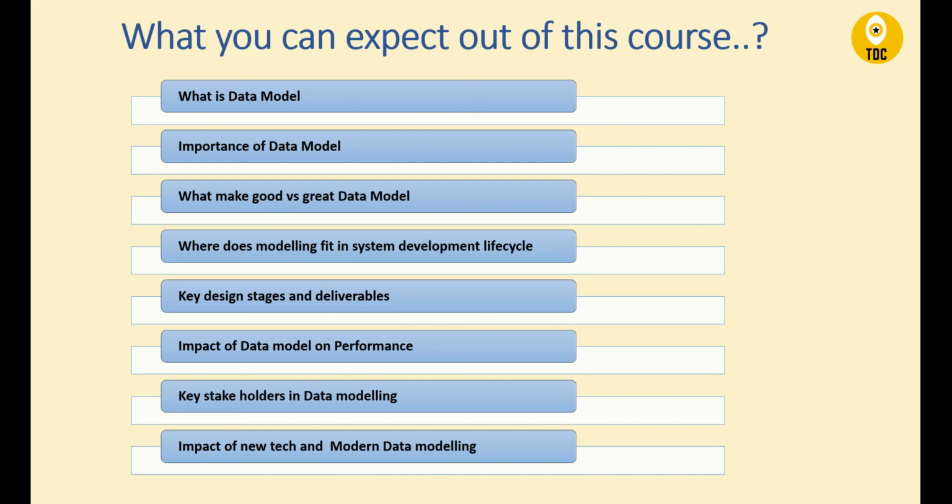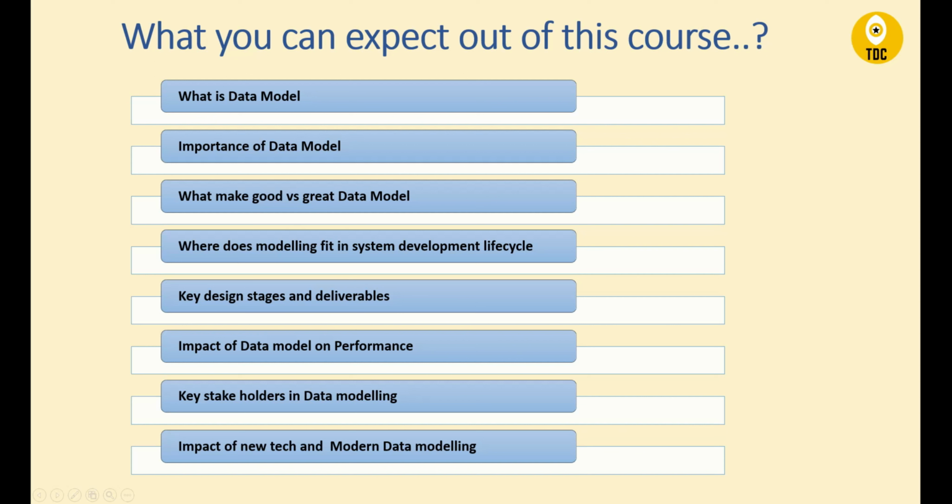It is a combination of theoretical knowledge, practical knowledge, having some creative understanding, or making the model decisions based on some creativity and experience as well. So that blend of all those skills makes the great data model. So that we will also see.